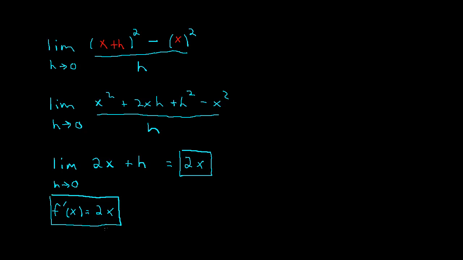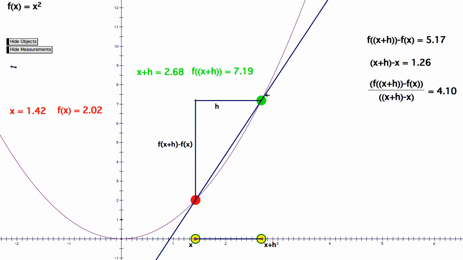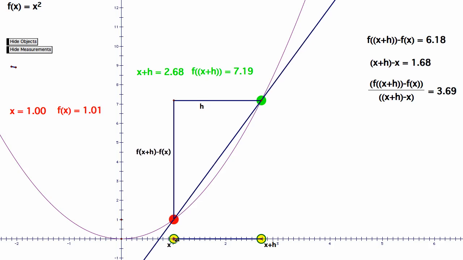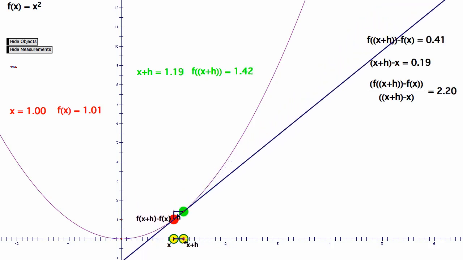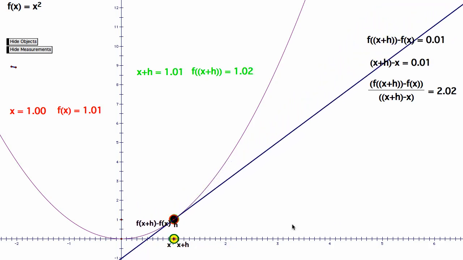Okay, so what exactly does this tell us? It tells us the slope of any tangent line to this curve at any given point. Let's see if it actually works. Let's go ahead and go to 1 here, and let h go to 0. And notice what the slope of your tangent line is. The slope looks like it's getting really close to 2 here. Well, what is my x value?